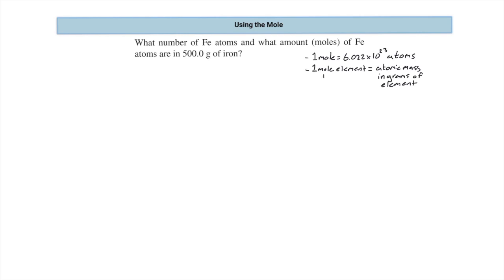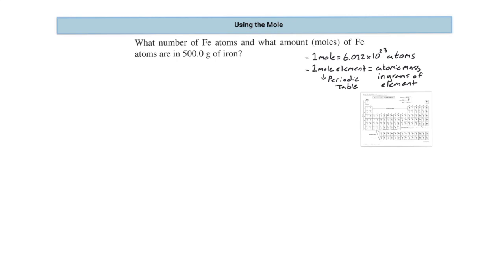So for this one, we need our periodic table. So there I've inserted in my periodic table that I can blow up and use when needed. When doing any of these problems, we need to have those conversion factors memorized.